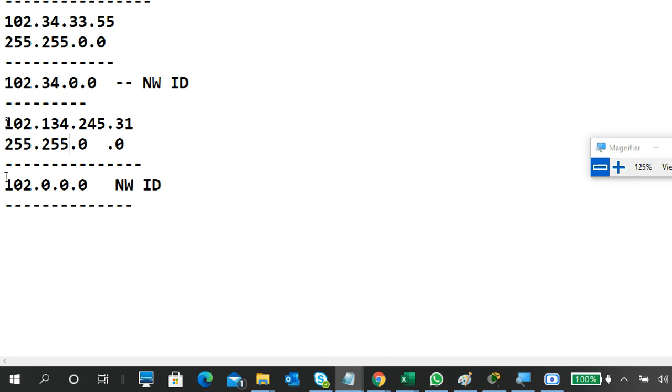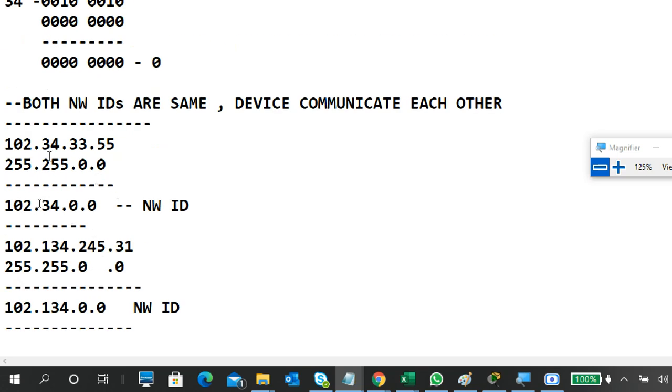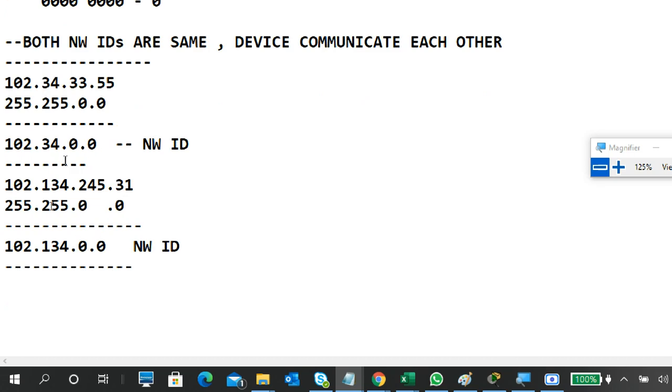Now what happened? 102, 255 gives 102 because all are ones. 134, 255, I got 134. So now I changed my subnet mask, and automatically the network ID is changed.